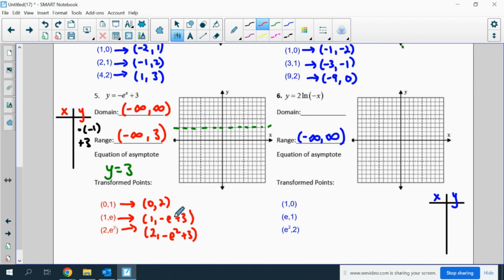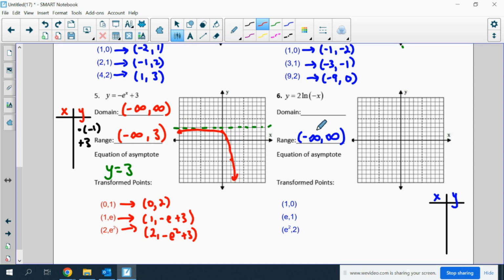Remember, e is like 2.7. So I have 0, 2. I have negative 2.7 plus 3, so that's somewhere between 0 and 1. And I have negative 7.4 plus 3, so that's like negative 4.4, somewhere between negative 4 and negative 5. So there's my graph.